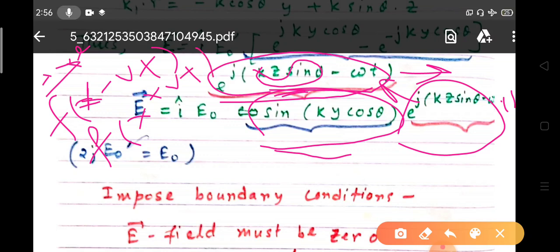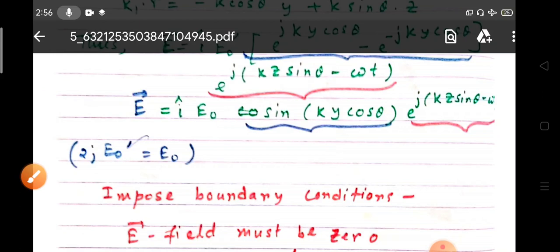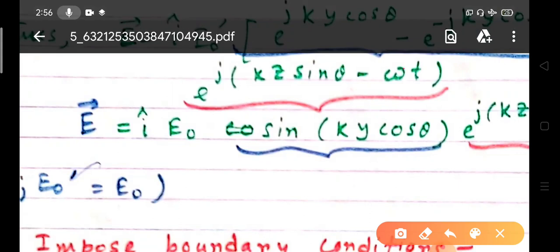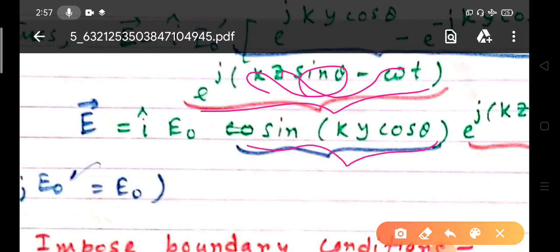So here, omega by k sin theta is the speed of the wave and z is the direction. So this is the travelling wave, and the term ky cos theta represents a stationary wave.